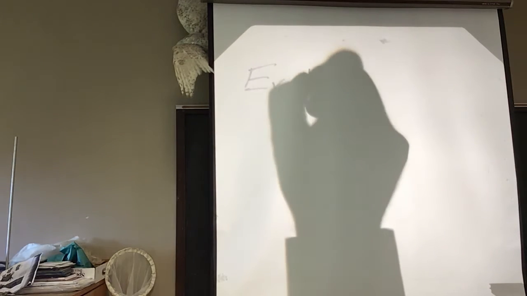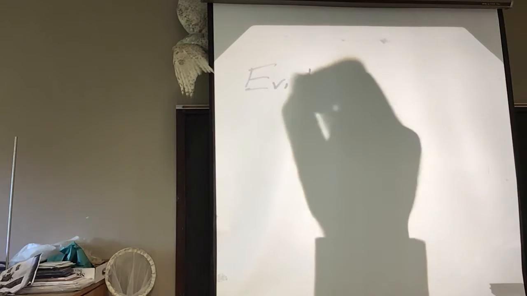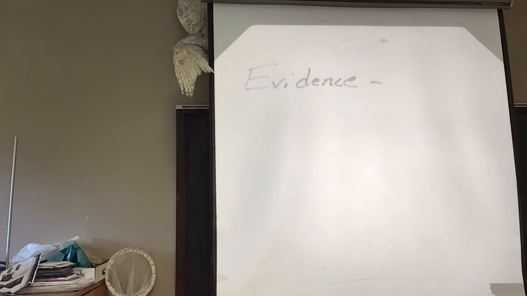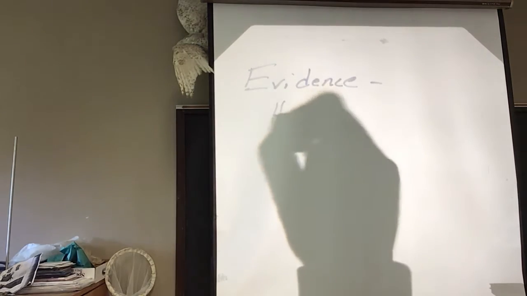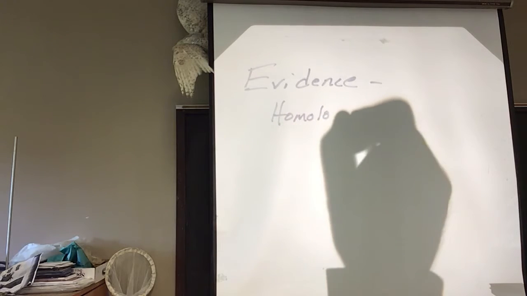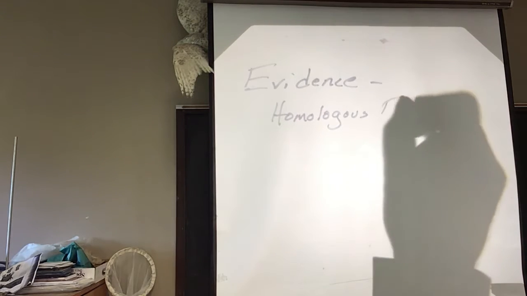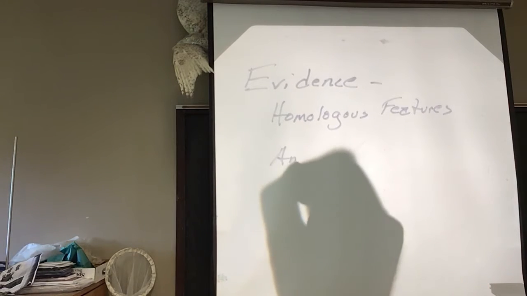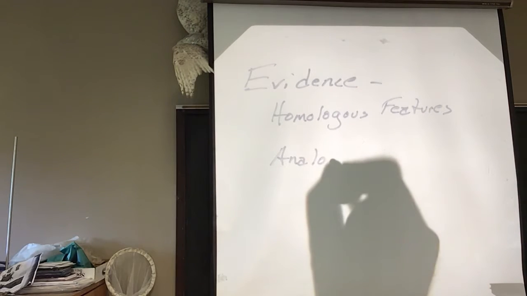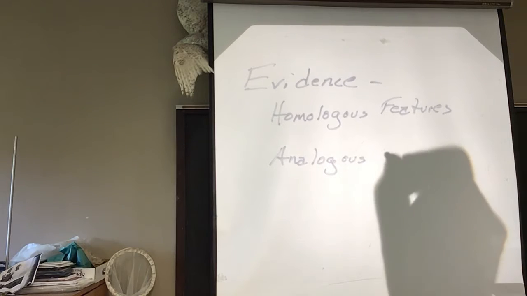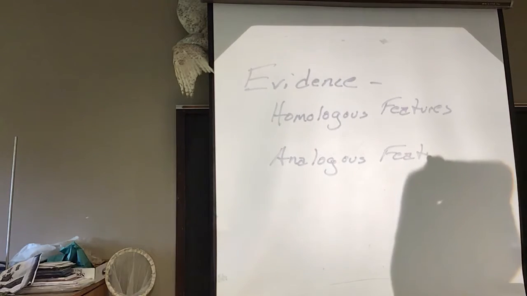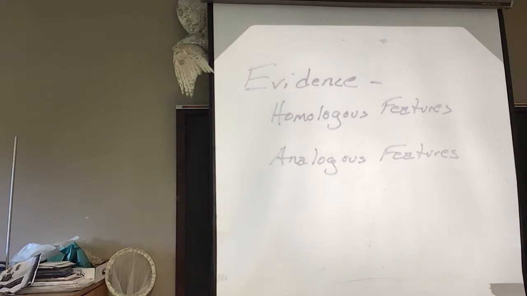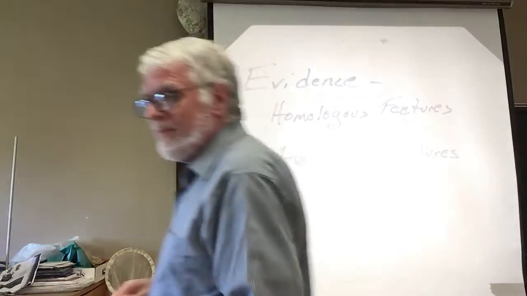Now we get to accumulated evidence, some of which we've kind of talked about. We talked about homologous features, which are built the same, and analogous features, which do the same sort of things, and how each of those is related to a particular type of evolution.